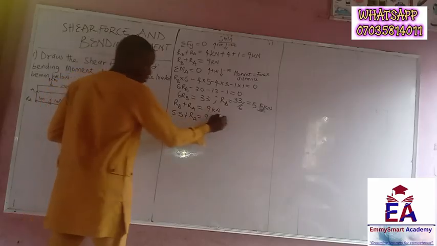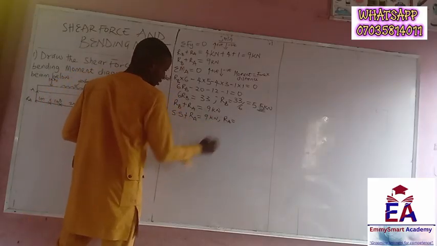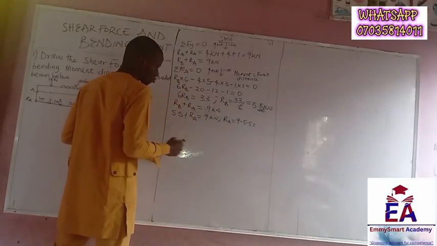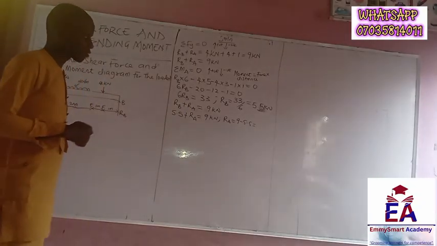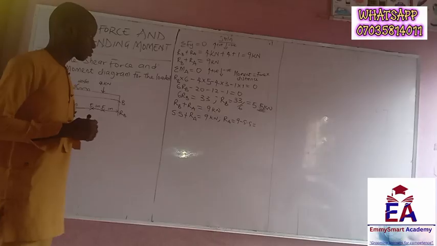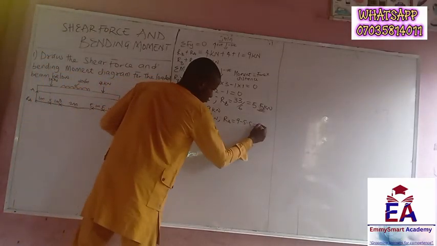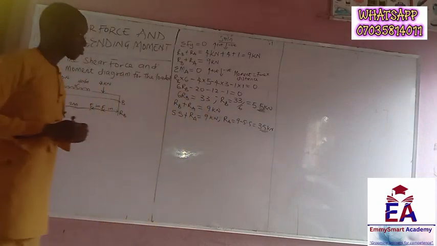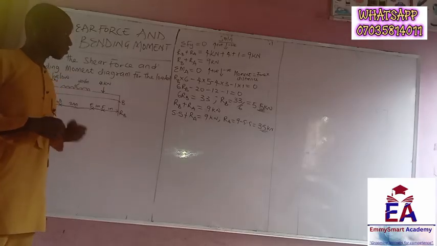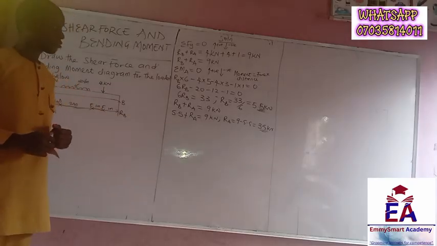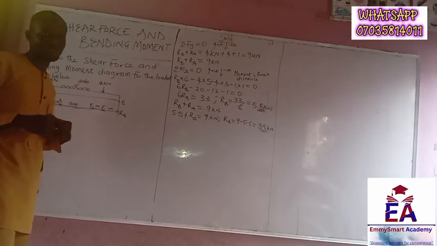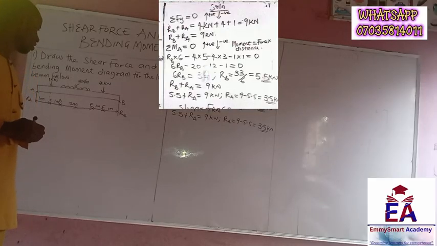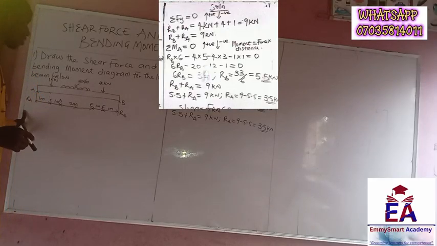So RA, the reaction at A, is 9 minus 5.5, which is 3.5. Check: 3.5 plus 5.5 gives us 9 kilonewton, so 9 minus 9 is 0.